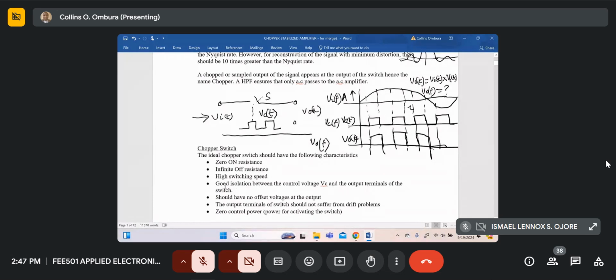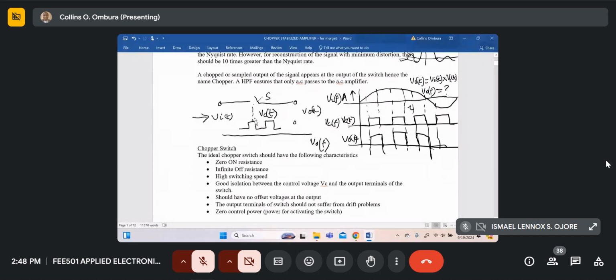Number four, it should have good isolation between the control voltage Vc of t and the output terminals of the switch. Of course, here I've drawn it very simplistically. In the olden days, as I said, we'd use relays. So this control voltage will drive a relay, and that relay will attract the switch to close or open.